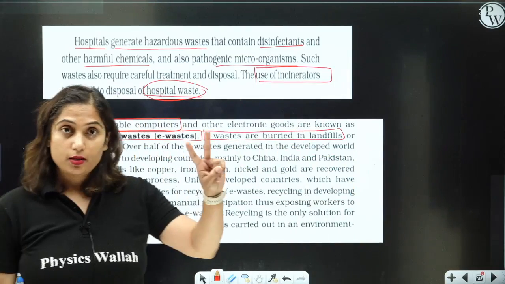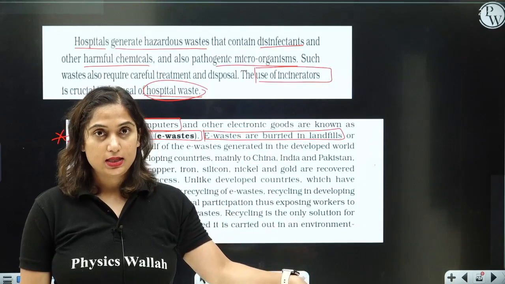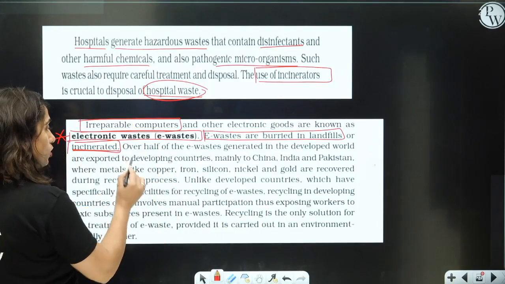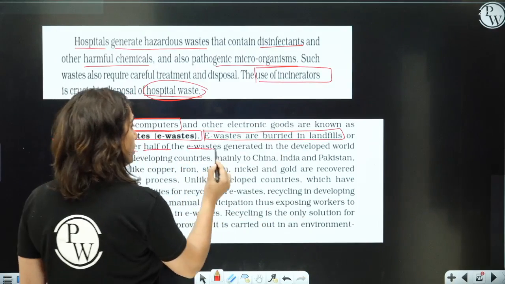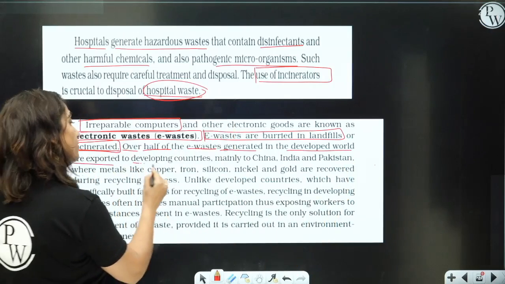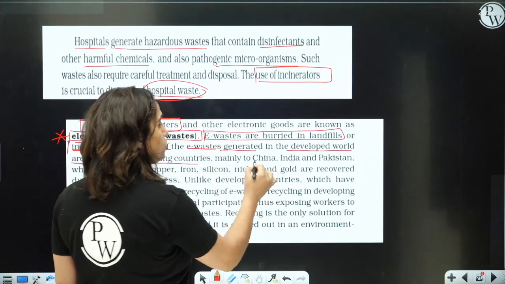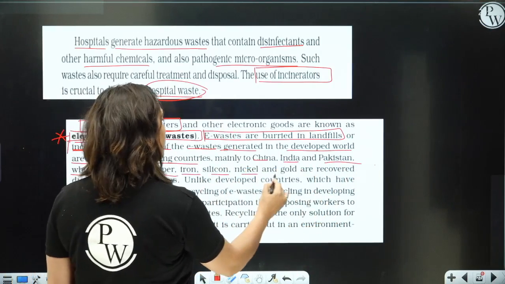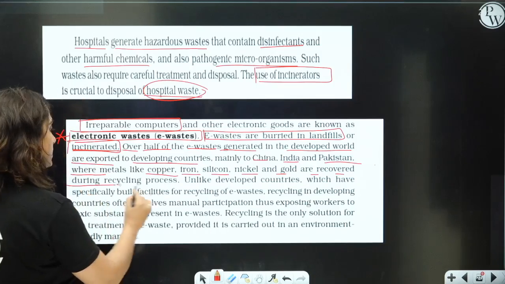So two methods: bury in landfill or use an incinerator. Then, this line is important: over half of the e-waste generated in the developed world is exported to developing countries, mainly to China, India and Pakistan, where metals like copper, iron, silicon, nickel and gold are recovered during the recycling process.